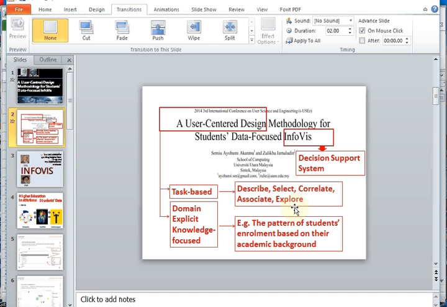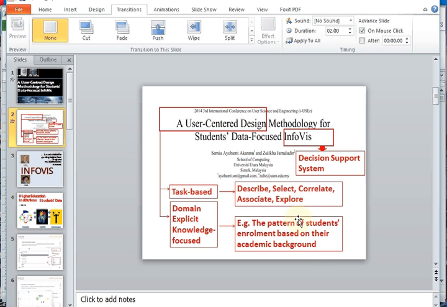So basically this is what decision support system does. Decision support system must support a befitting and appropriate data model. At the same time, the user decision making practices must also be supported.